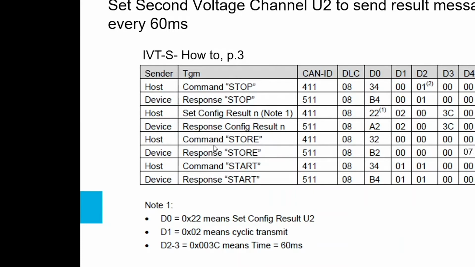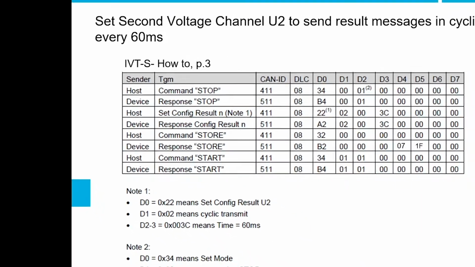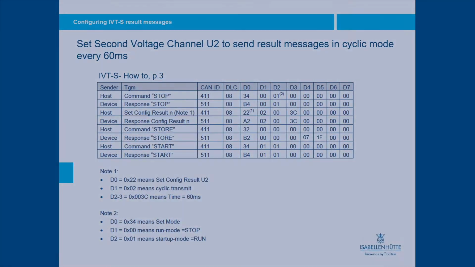After that, we will have to send a command store message, and the module will respond with a response store message. Lastly, we will send a command start message to have the module start measuring again. And the module will respond with a response start message.